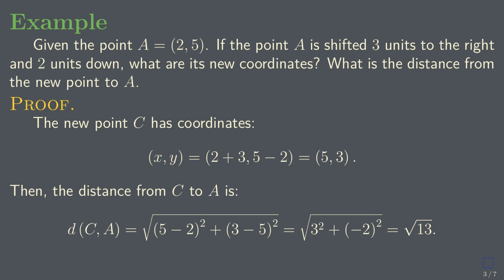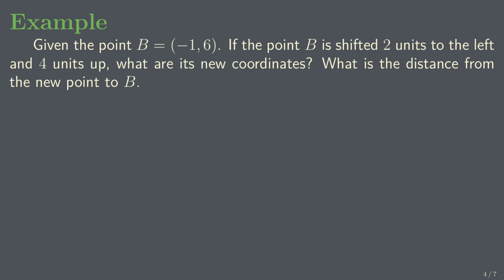We can easily compute the distance from C to A using the formula we have seen earlier, which gives the square root of 3 squared plus (minus 2) squared, which is the square root of 13.